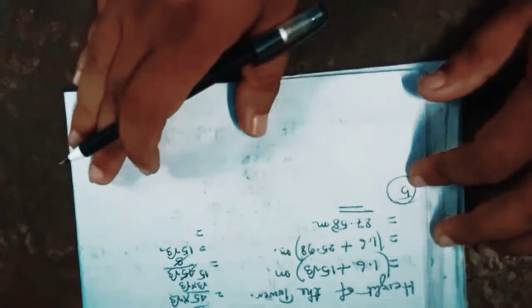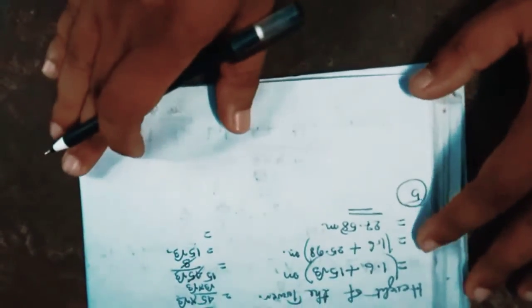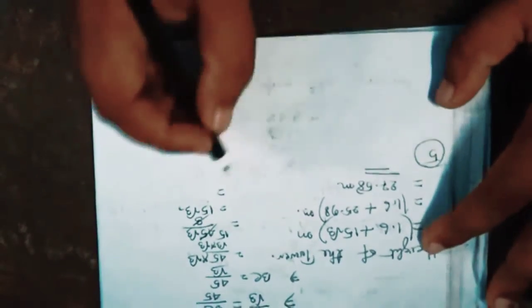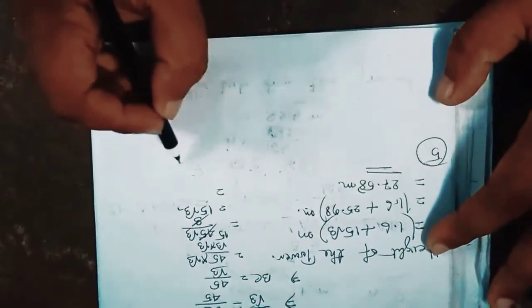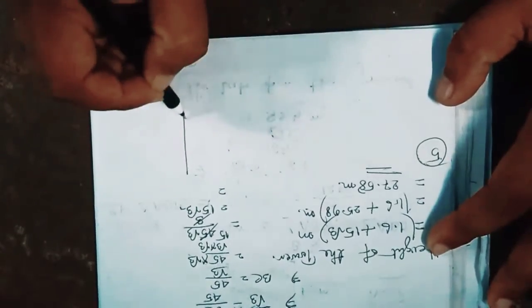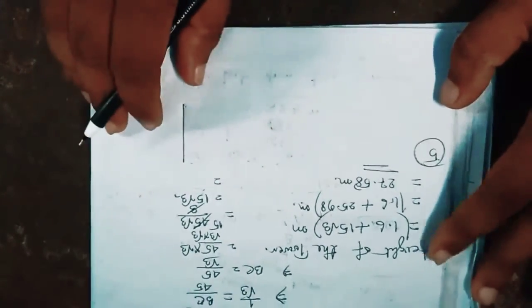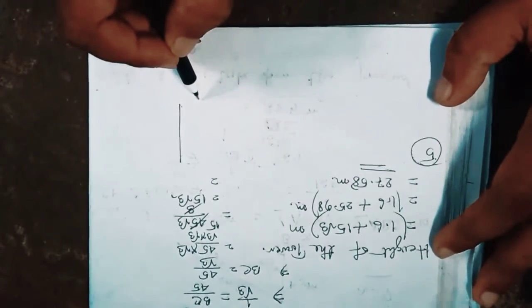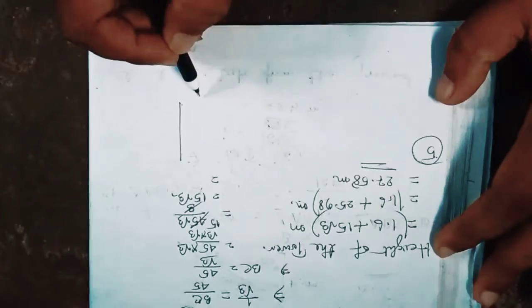Now question number 5 is a different kind of question. Here, let the height of the lamp post be this. This is the lamp post. It's the distance from 3 meter away.